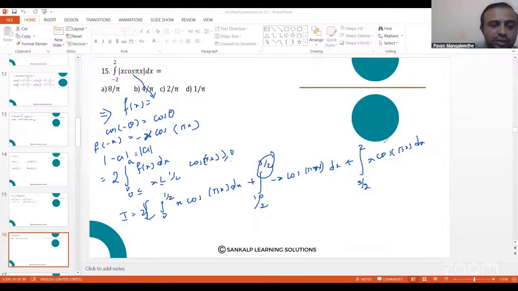On solving this, if you treat it in the u form, u is equal to x, du is equal to cos of pi x dx, then dv is equal to dx, where v is equal to 1 by pi sine of pi x.